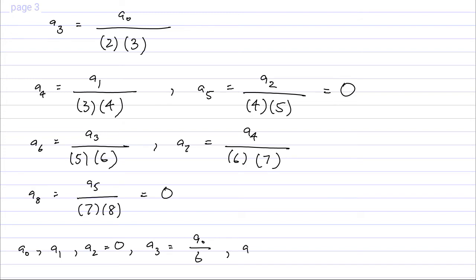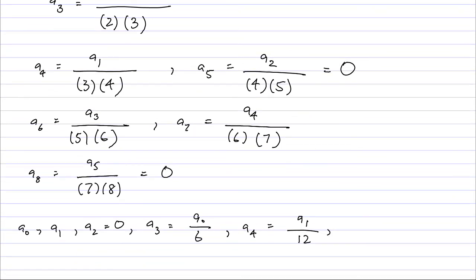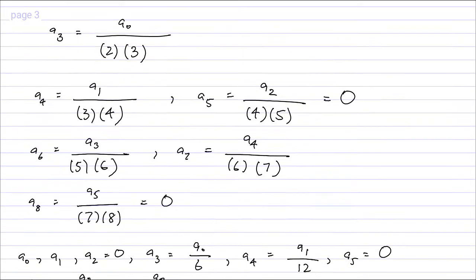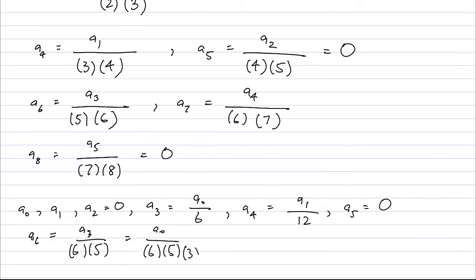And then a4 is equal to a1 over 12, and a5 is equal to 0. a6 is equal to a3 divided by 6, 5, which is a0 over 6, 5, and a3 was of course 3, 2.